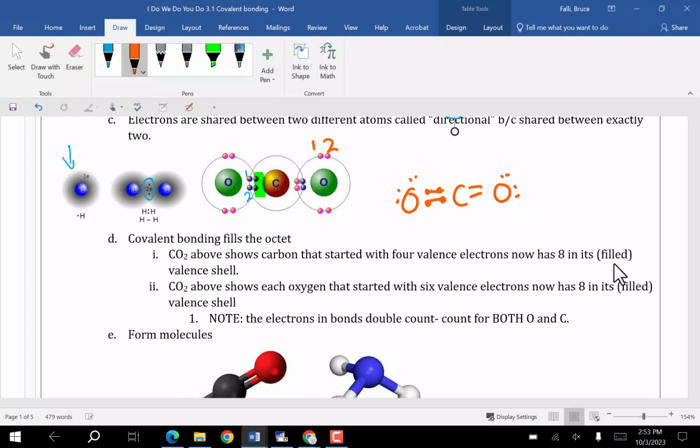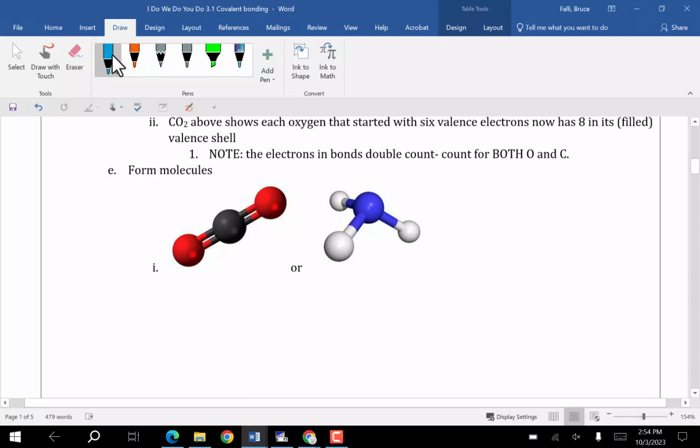So if I'm carbon, I'm counting 2, 4, 6, 8. And if I'm oxygen, I'm counting 2, 4, 6, 8, and that counts for both of them.